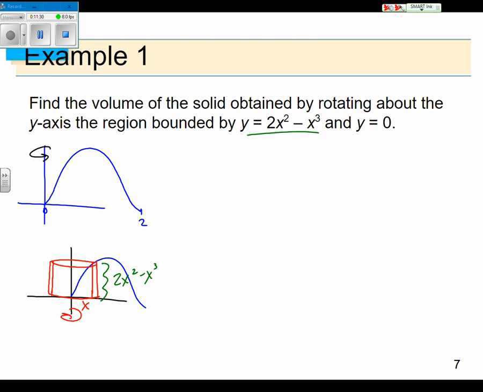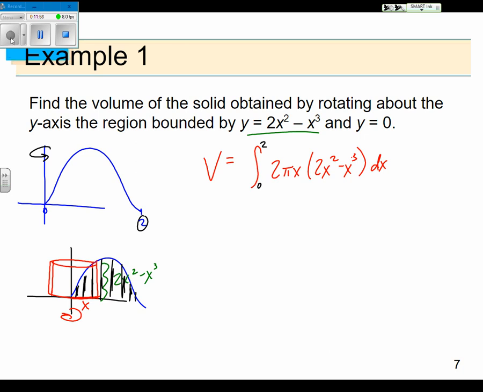So the circumference of my circle is going to be 2 pi r, or in this case, 2 pi x. So my volume is going to be 2 pi x times my height times my thickness. And then all of my approximating strips, this is what throws people off, all of my approximating strips are going from 0 until 2 right here.